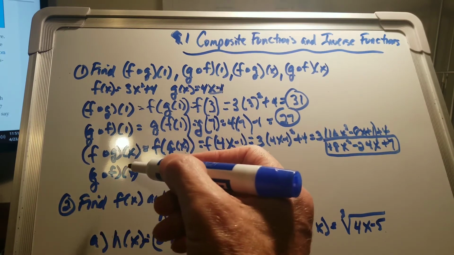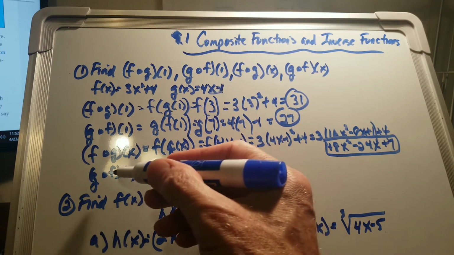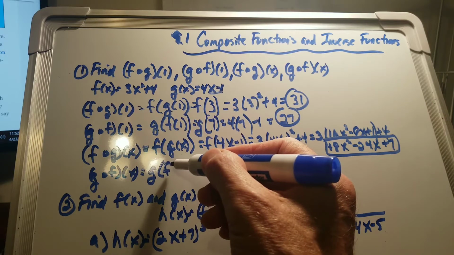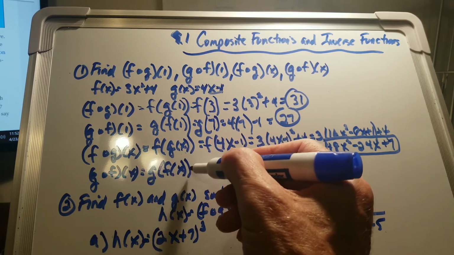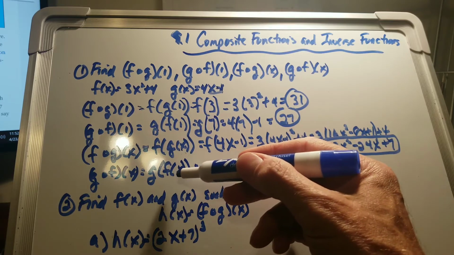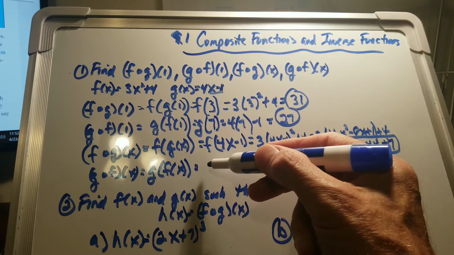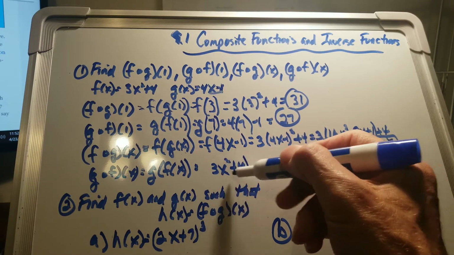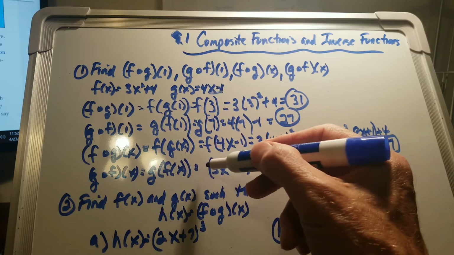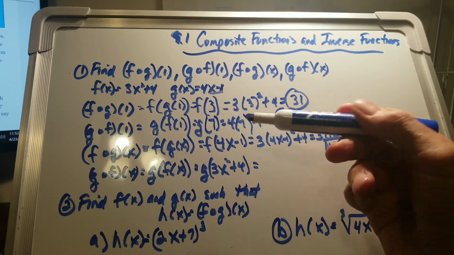Okay, we're going to come over here, copy the first letter, parentheses, second letter, the x or whatever value there is, and always work inside to out. So copy the f function, which is 3x squared plus 4. Put the letter that's outside, and that means go to the g function, which is right here.